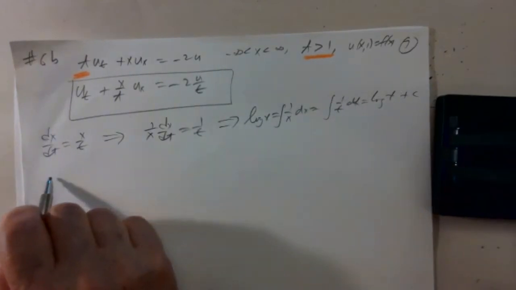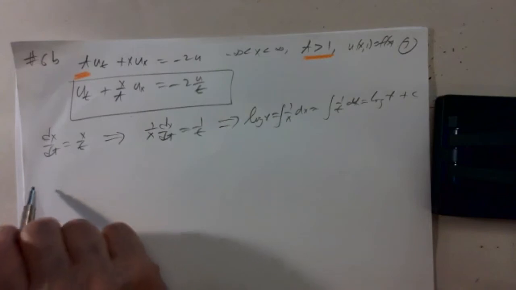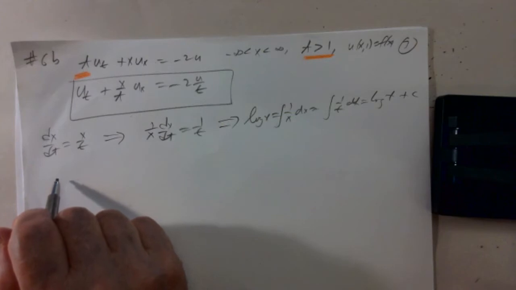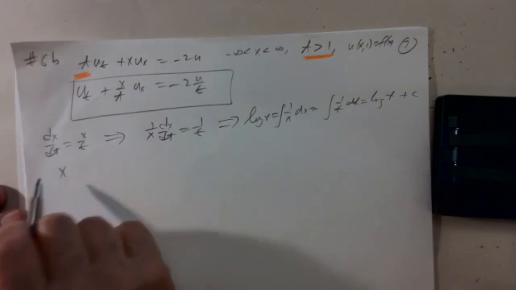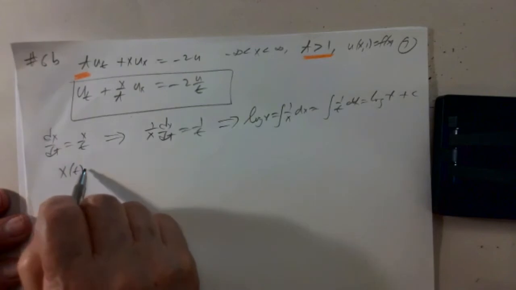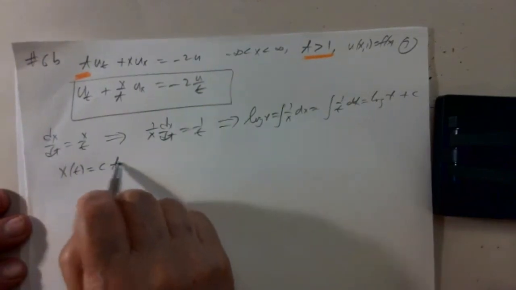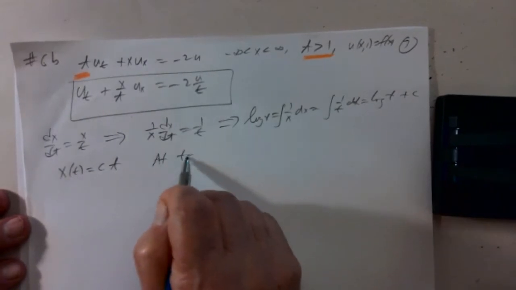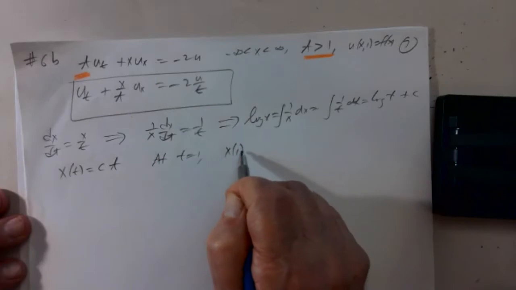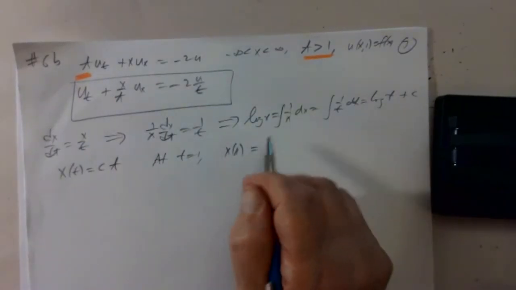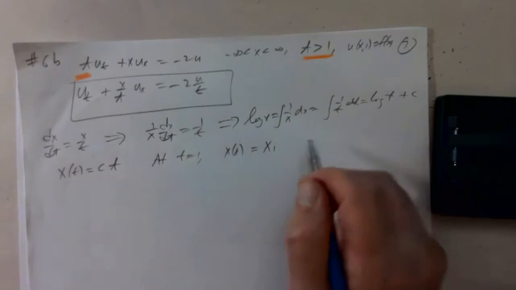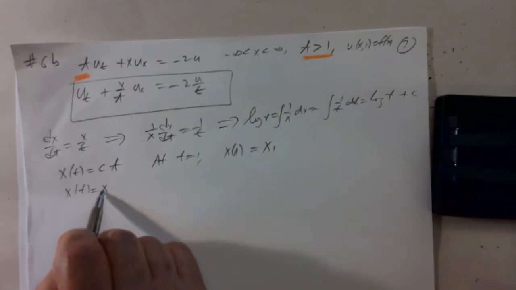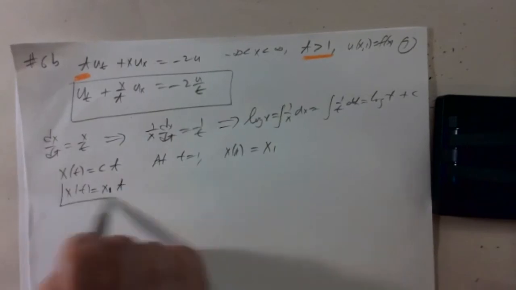So if you exponentiate, you get x equals some constant times t. And let's say the initial value, so at t equal to 1, let x of 1 be equal to x1. So my curve is x of t equals x1 times t.